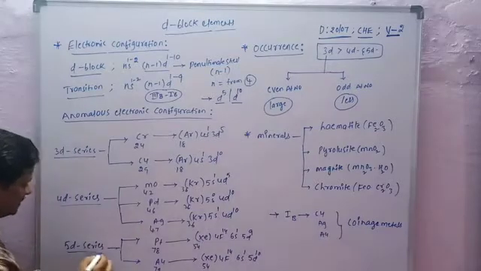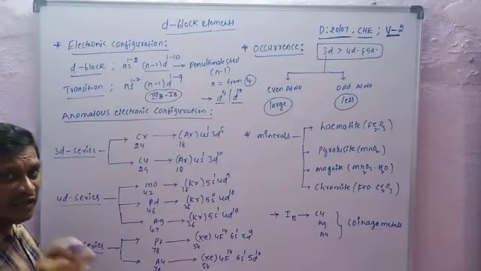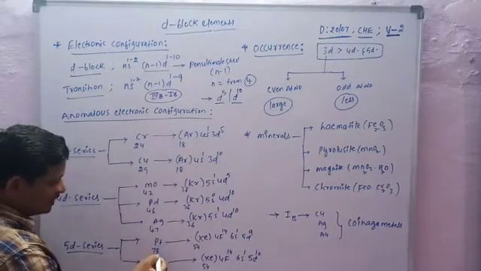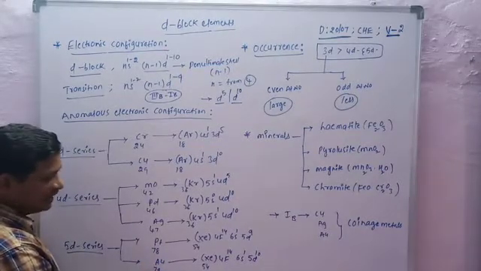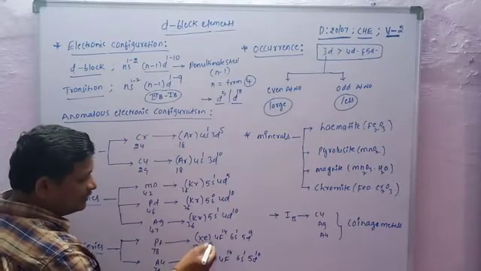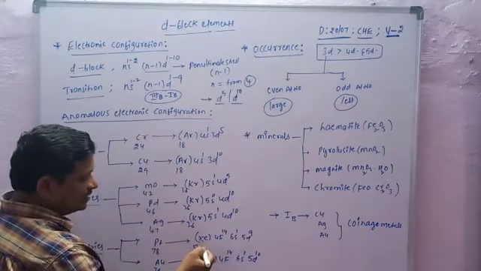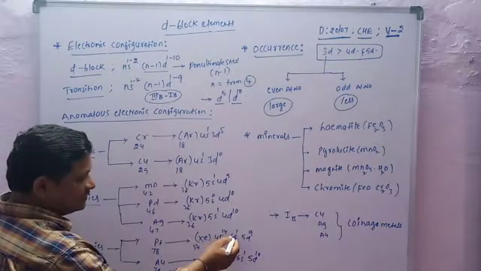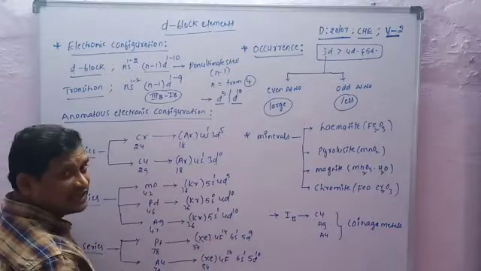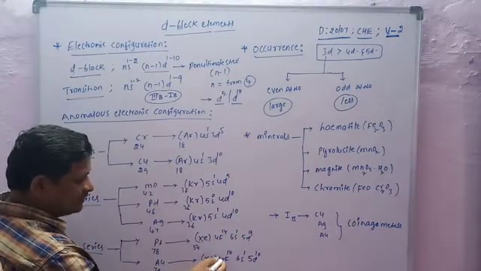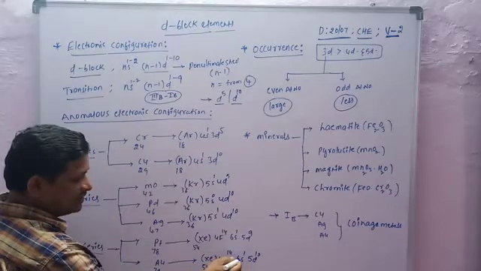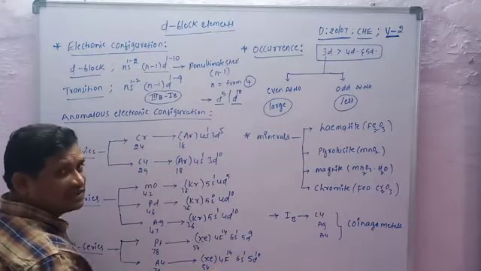Next, the 5d series elements with anomalous electronic configuration: platinum 78 and gold 79. Xenon 54 plus 4f14 is 68, plus 1 is 69, 69 plus 9 is 78. For gold it is 79: xenon 54 plus 14 is 68, 69 and 10 is 79.